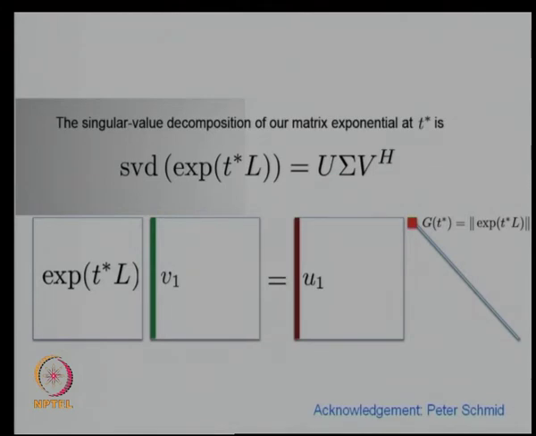So you take the SVD of e power LT, which you write as U sigma V transpose, where H here means Hermitian conjugate, same as transpose. So e power LT operates on V1 and you will get U1 times the norm of e power LT. That is the amplification. This is the same as what I wrote, but you can see it pictorially in terms of the columns of the matrix.